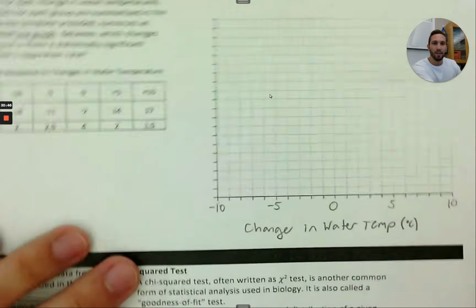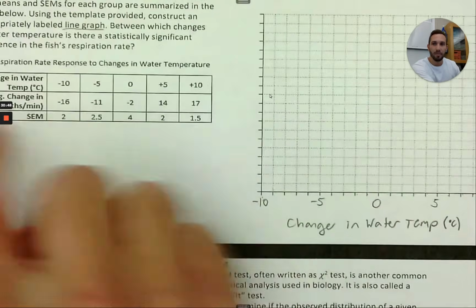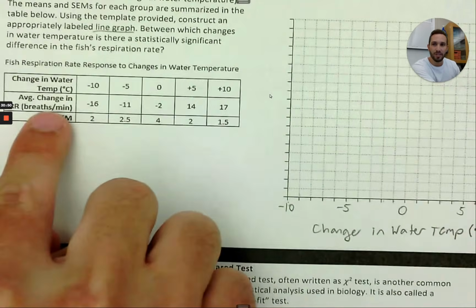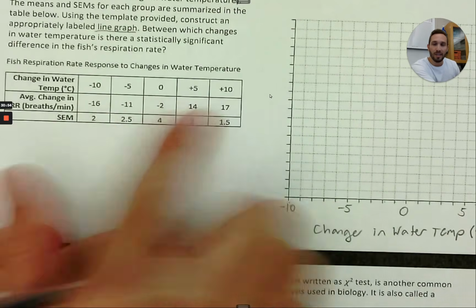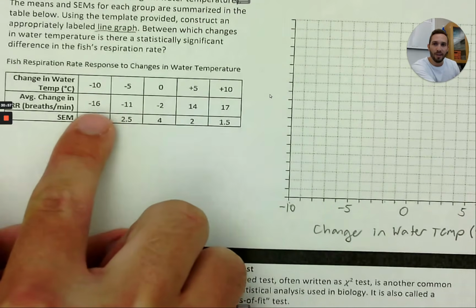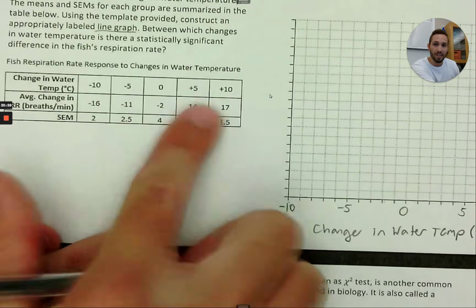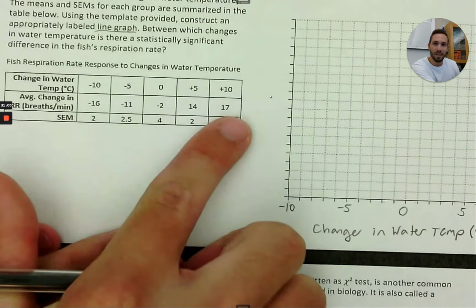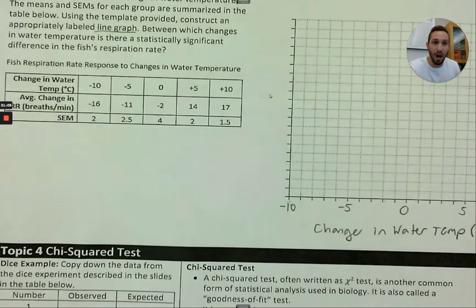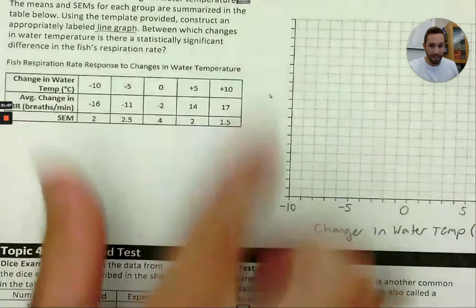And then on the y-axis, we're going to plot the dependent variable, which is the average change in breaths. Now, these values are a little bit different than the values I gave you before, because this is 8 fish in each group. This is the average, which changed these numbers a little bit, but it goes from -16 to +17. Now, here's the thing. You're going to pause before you start scaling this.